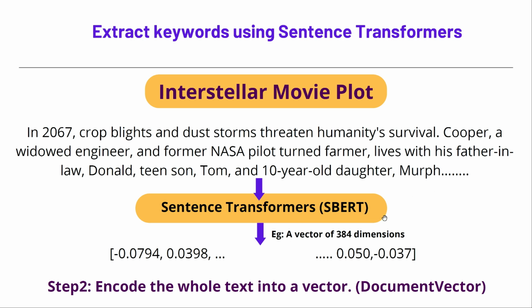But nevertheless, let's assume that we create a vector of 384 dimensions from this. So in step 2, this whole movie plot is converted into a single vector of 384 dimensions. Let's call this the document vector.